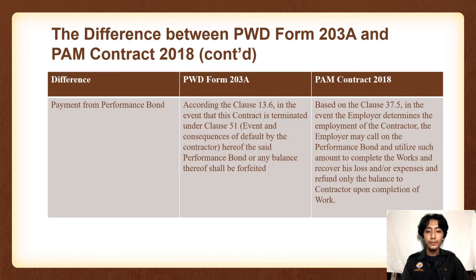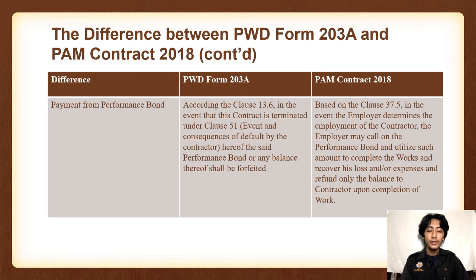Next, payment from performance bond. PWD Form 203A, according to clause 13.6, in the event that this contract is terminated under clause 51, which is event and consequences of default by the contractor, the said performance bond or any balance thereof shall be forfeited.